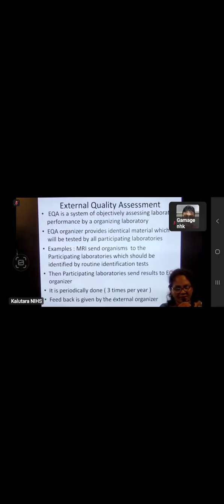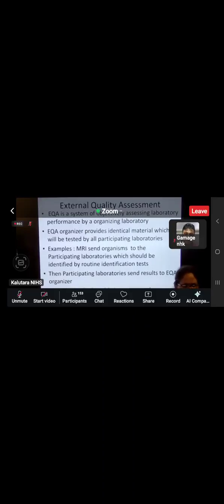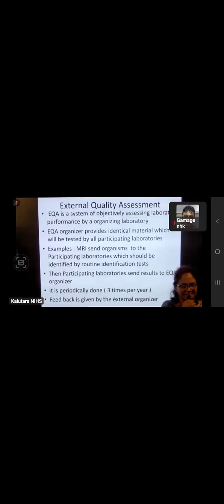For example, the organizing laboratory will send an isolate, saying, as an example, this organism is isolated from blood culture. We will receive an isolate of an organism.